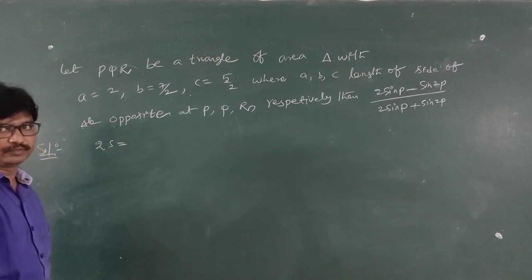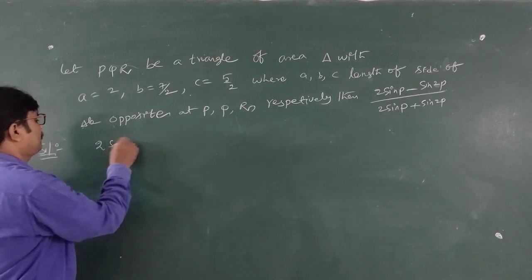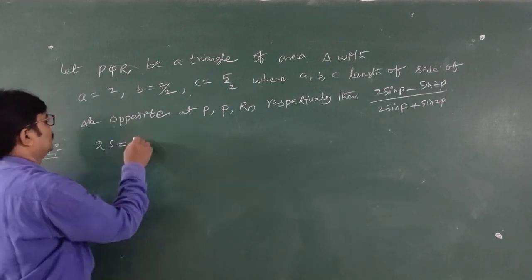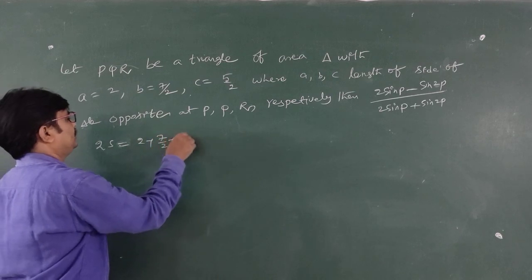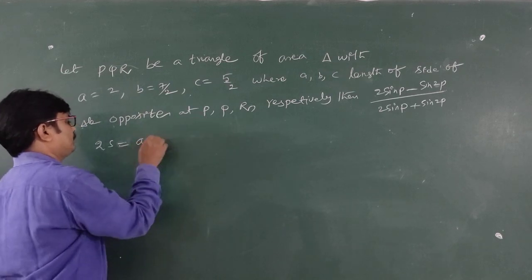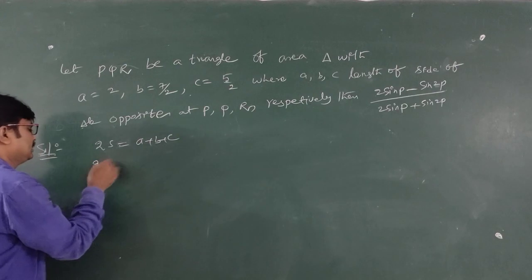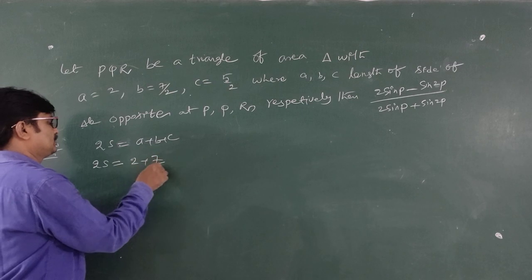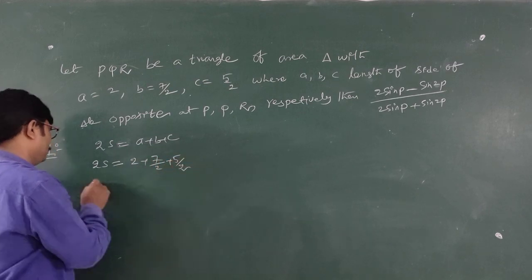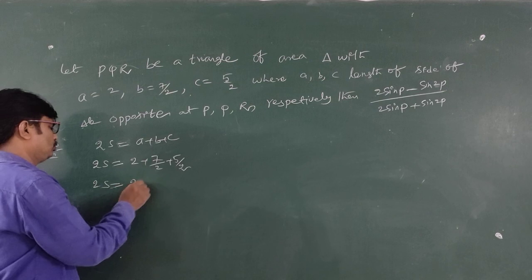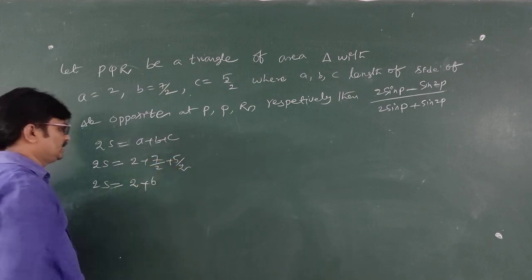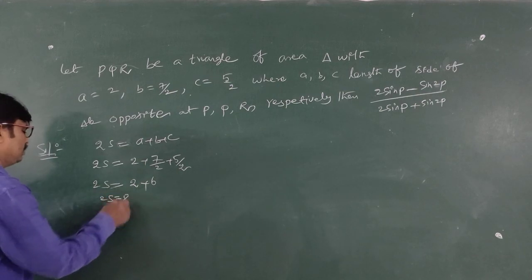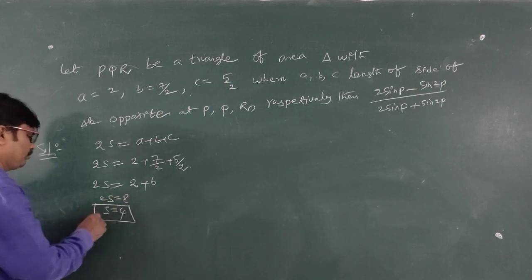The 2s is a plus b plus c, that is 2 plus 7 by 2 plus 5 by 2. 2 plus 12 by 2, and 12 by 2 is 6. After that, 2s equal to 8, so s will be 4.